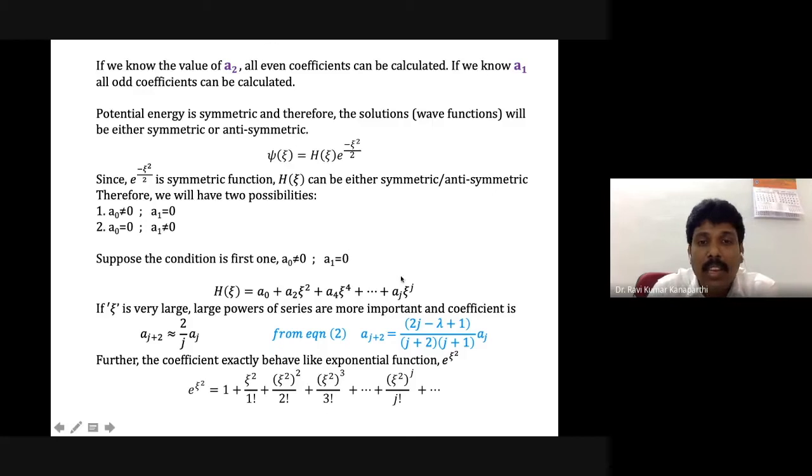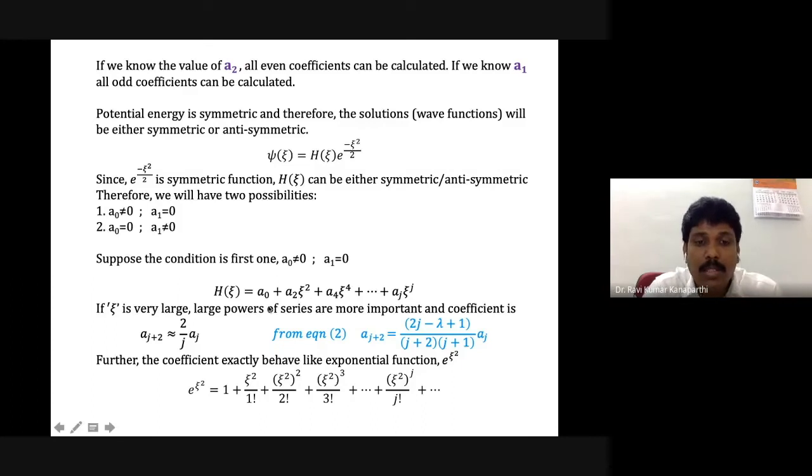Based on that, we can neglect the odd terms, and only even terms are left over. If you simplify this and evaluate the coefficient of a general term at a larger displacement, it is going to be aj plus 2 is equal to 2 by j aj.